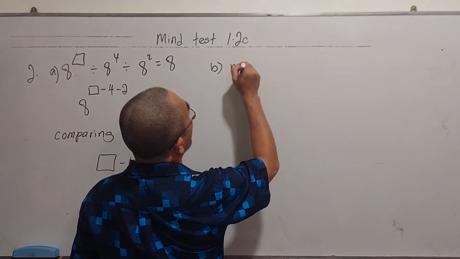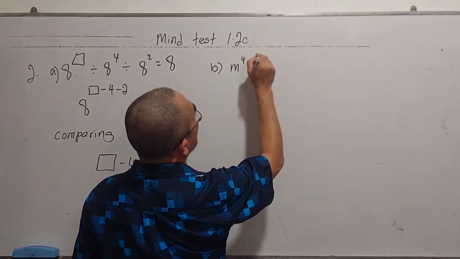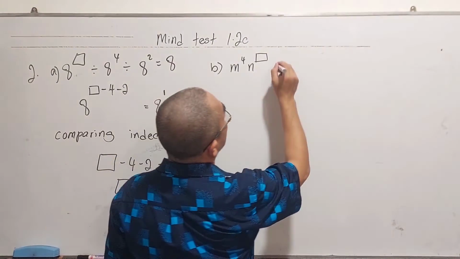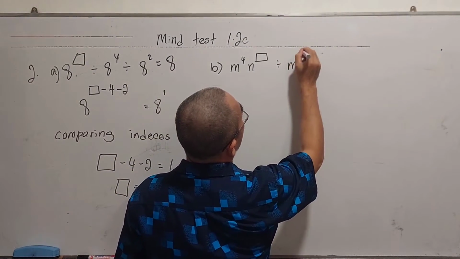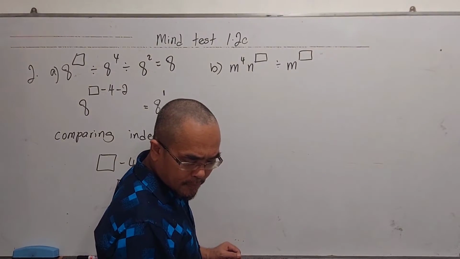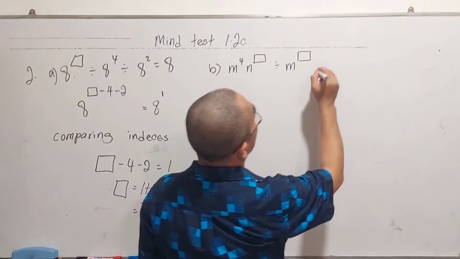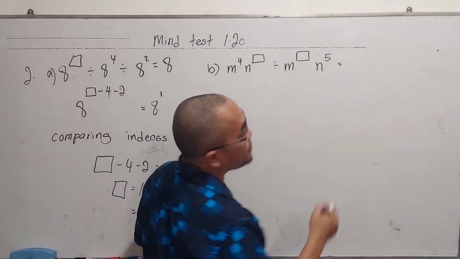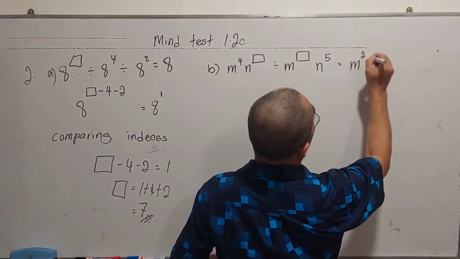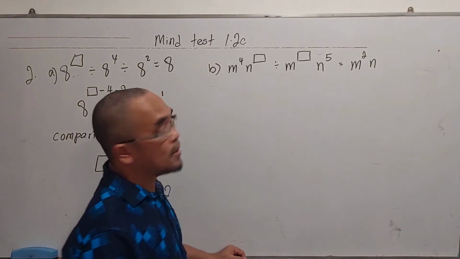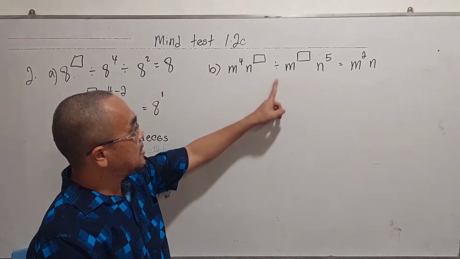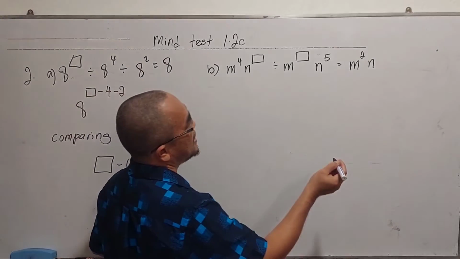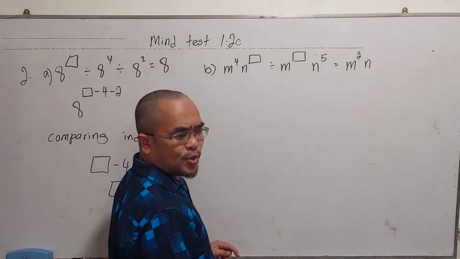M to the power of 4, n to the power of box, divided by m to the power of box, n to the power of 5 equals m to the power of 2, n. Okay, again, if it is division, it is better to write it down like this, you could change it.